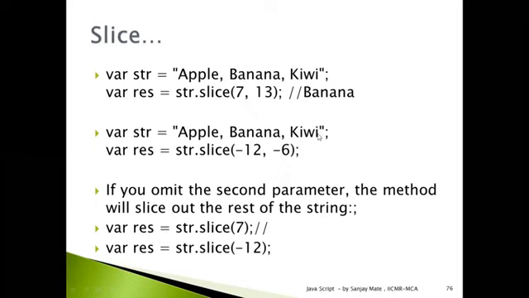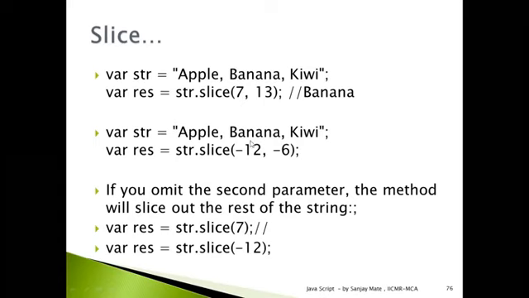This is -1, -2, -3, -4, -5, -6, -7, -8, -9, -10, -11, -12. So -12 is nothing but B. And up to -6. -6 means again counting -1, -2, -3, -4, -5, -6. So it will return banana again.